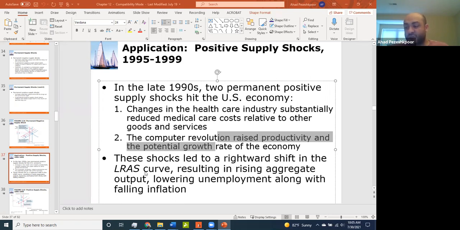So these social media companies and the whole new frontier in acquiring and processing data, sometimes not exactly with permission, are also considered a positive permanent shock.